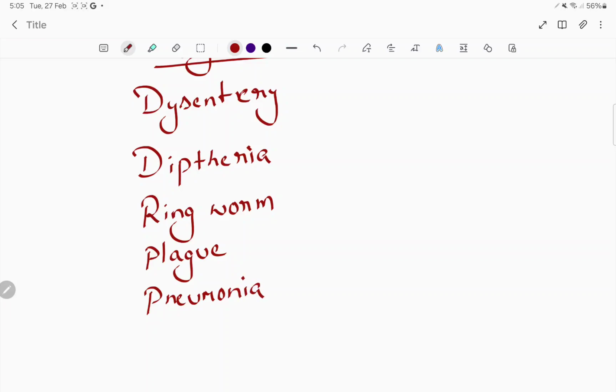So let's see the organisms for this. For dysentery, it is Shigella. For diphtheria, Corynebacterium.